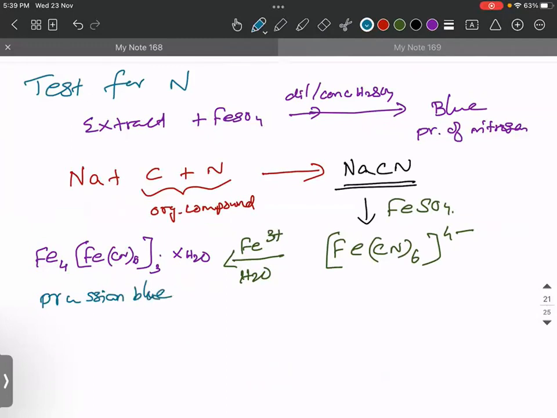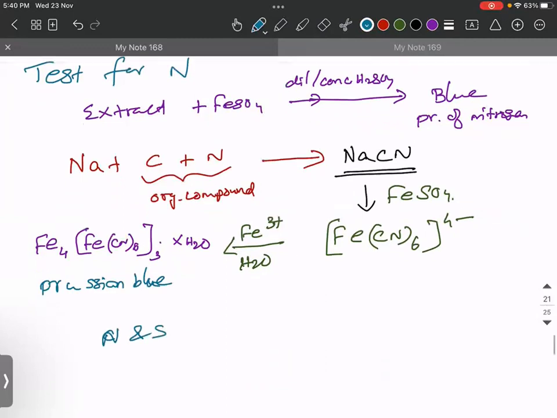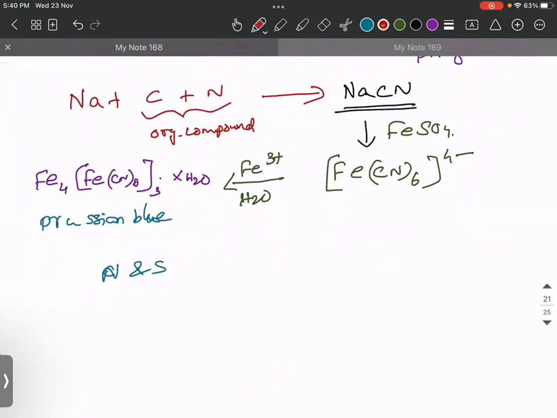So what you have to do: prepare the extract, add ferrous sulfate and then concentrated sulfuric acid, and if you get blue color, it shows the presence of nitrogen. And then for the test for sulfur, if the compound contains nitrogen and sulfur, you can do this test. So what will happen?